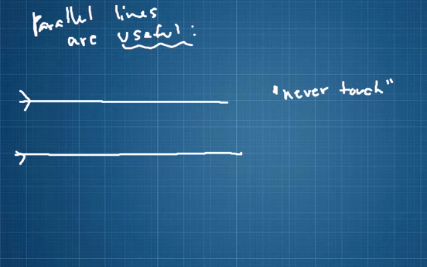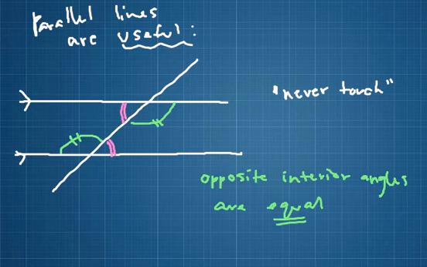Parallel lines are very useful to you and will continue to be throughout your time in AP Physics. Parallel lines are lines that never touch. Most importantly, we have to think about what happens if we have a line that goes across our two parallel lines. We have a couple things that show up. The main thing to know is that opposite interior angles are equal.